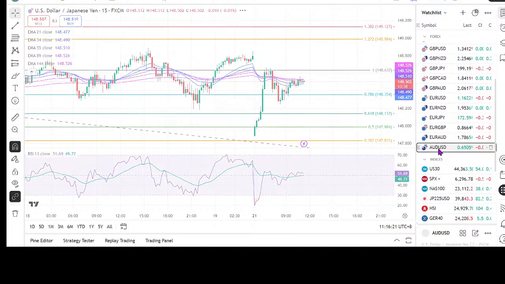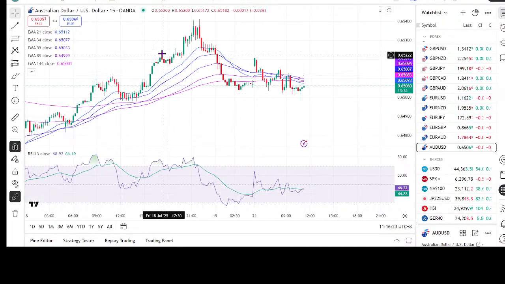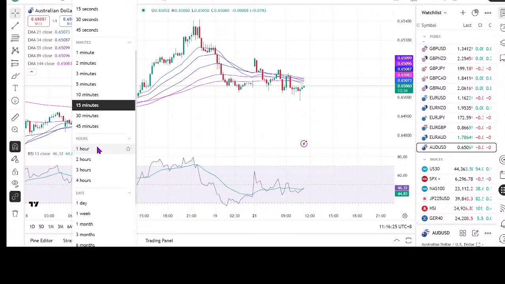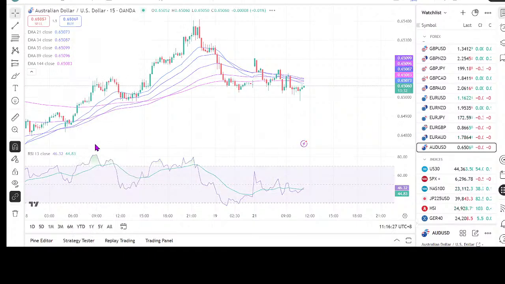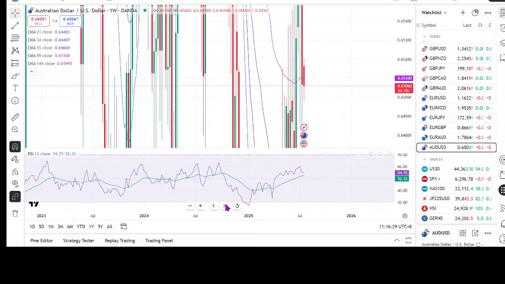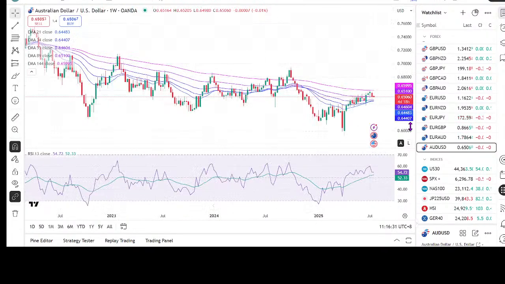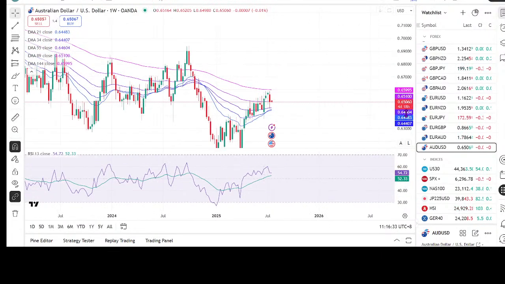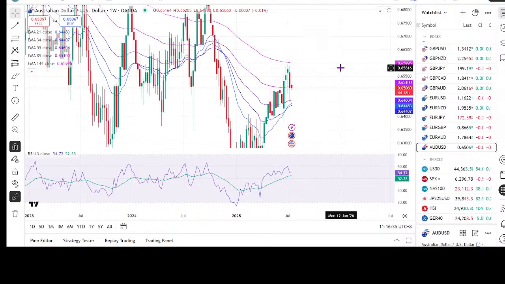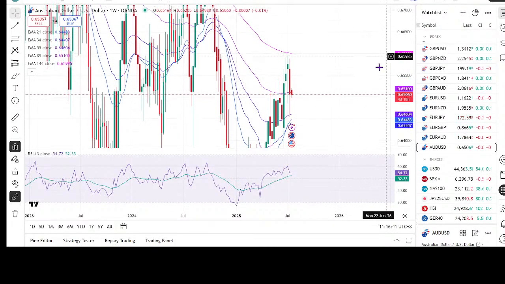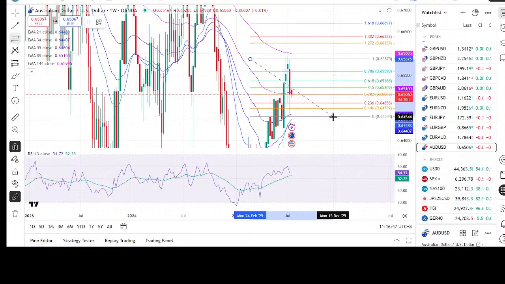So the next trade we are going to look for is Aussie. Aussie weekly range we are looking for is, okay, I think the weekly high is already been seen. Okay, I've seen at 65.95. So the weekly high for this week should be within this high.